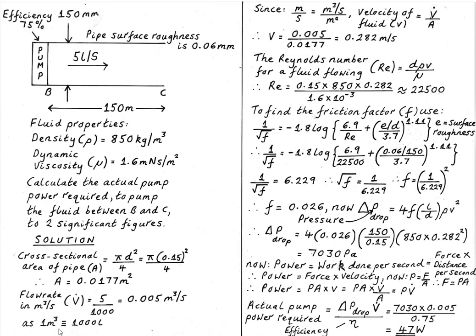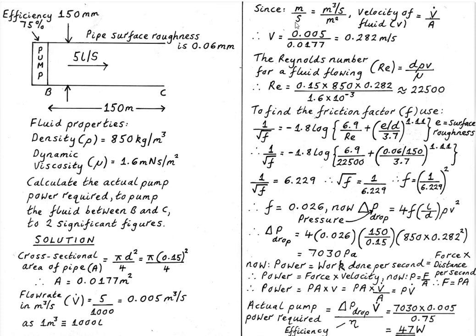This conversion here will need to be used. 1 meter cubed is equivalent to 1000 litres, so to convert 5 litres per second into meters cubed per second, the 5 needs to be divided by 1000. So the volumetric flow rate is now 0.005 meters cubed per second.